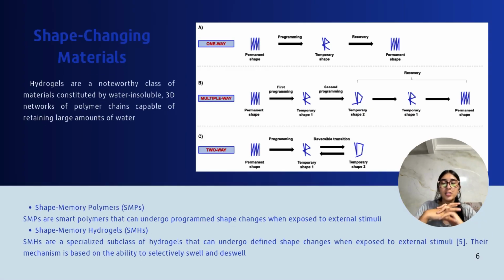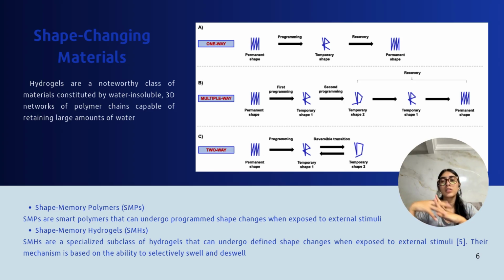Shape-changing materials are special smart components that can change their shape when exposed to signals like heat, light, and moisture.